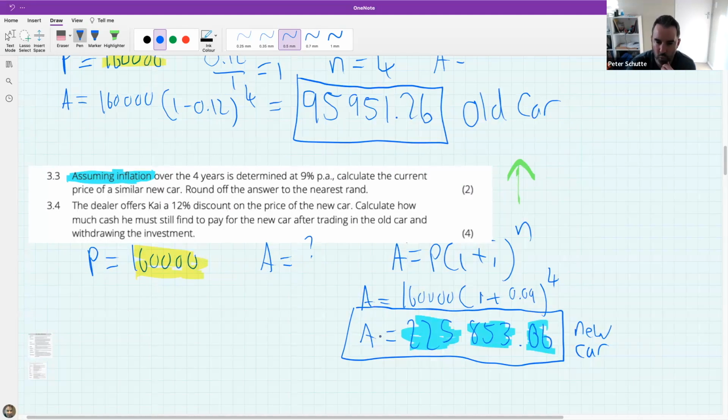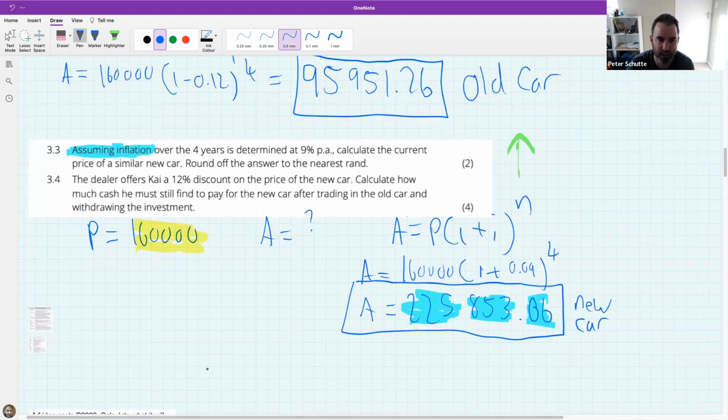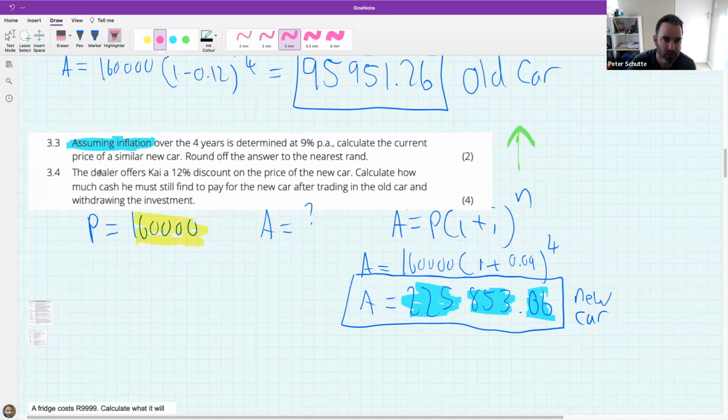I want you to work out what the price of this new car is after discount for me. So let's do that one first. So the dealer is giving Kai a 12% discount. Work out then what the new car price actually is after that discount is taken into account.